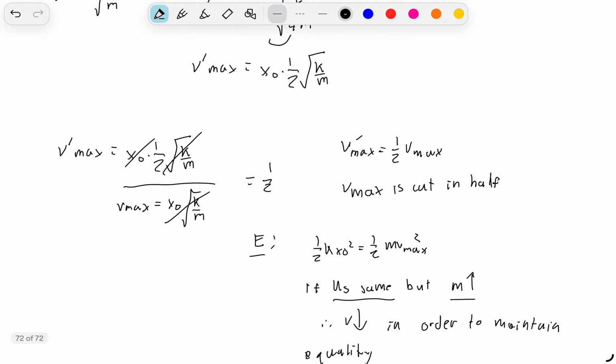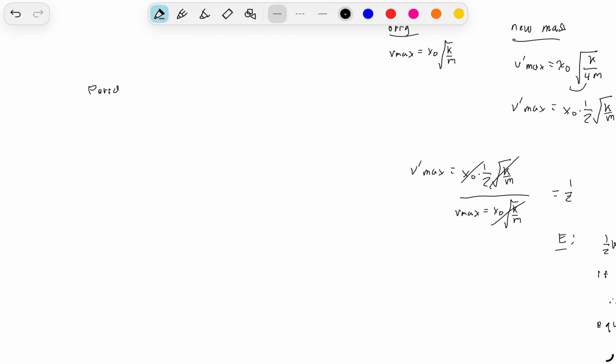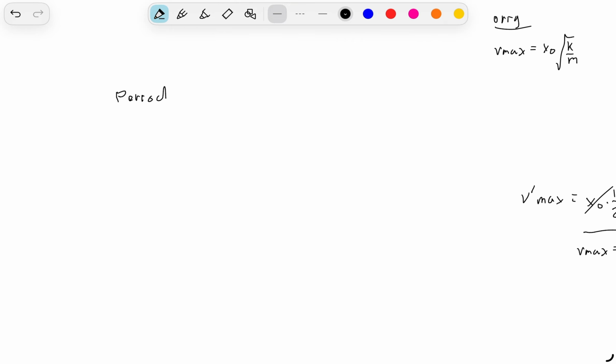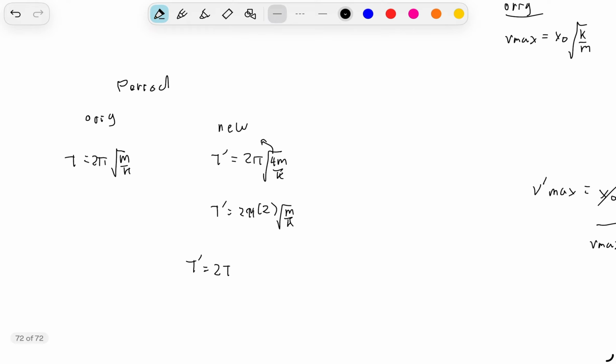Now, what about our period? Originally, you have t equal to 2 pi times the root of m over k. So in your new case, t prime is equal to 2 pi times the root of 4m divided by k. So t prime is equal to 2 pi times 2, just take the 4 out, times the root of m over k. So we can see t prime is equal to twice that of t.